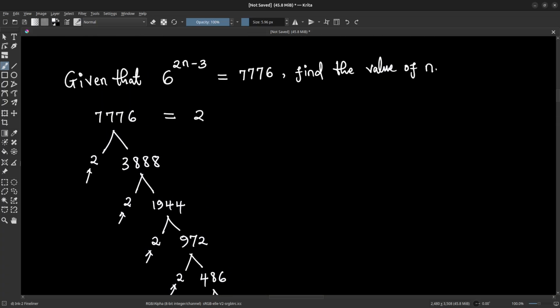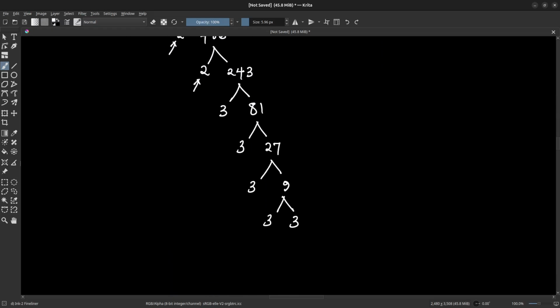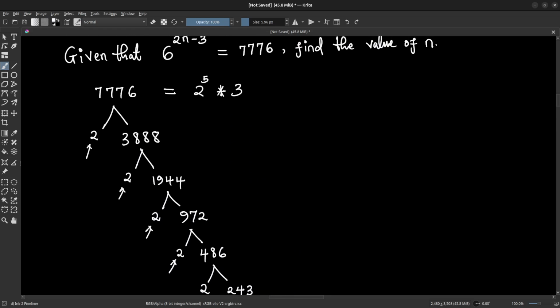So that's 2 to the power of 5 times 3 to the power of, then we count the number of 3's. So we have 1, 2, 3, 4, and this is 5. So that's 2 to the power of 5 times 3 to the power of 5.